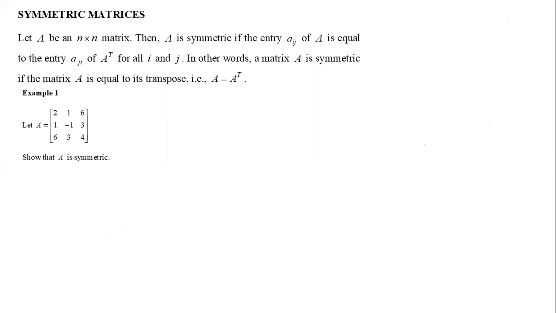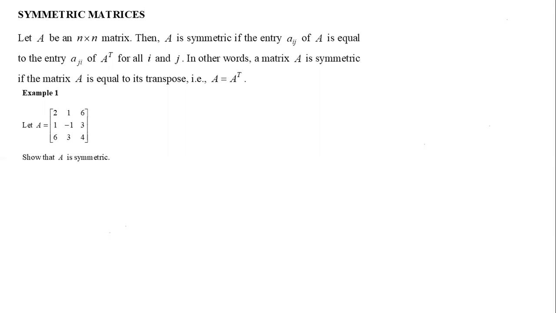And if I find the A transpose, if it's equal to A, then the matrix is symmetric. Now, class, what is A transpose from this matrix? The A transpose of this matrix will be 2, 1, 6, 1, minus 1, 3, 6, 3, 4.